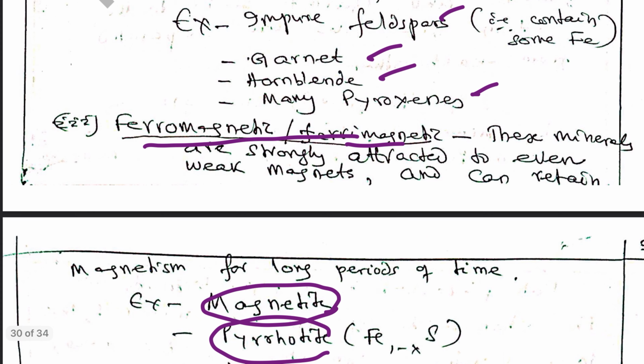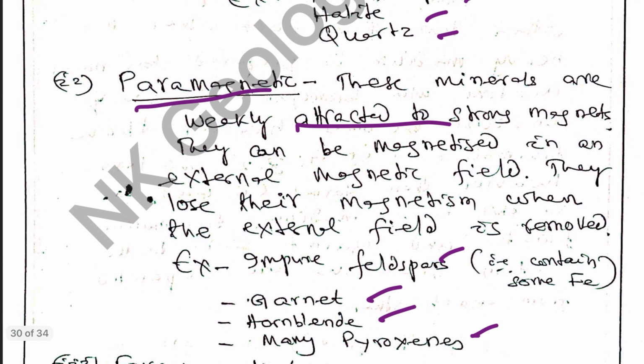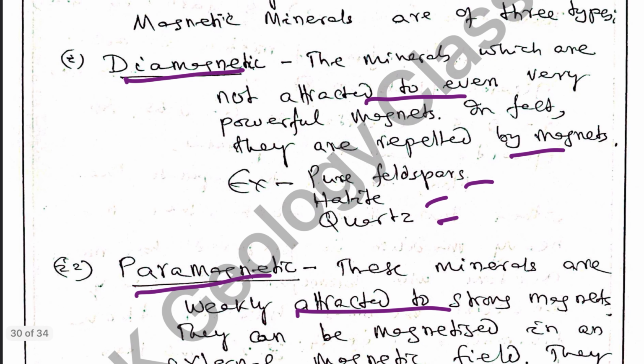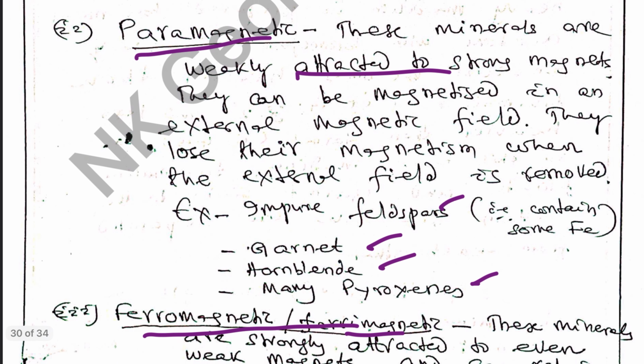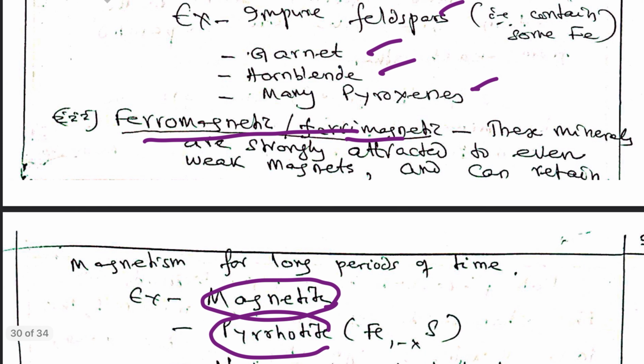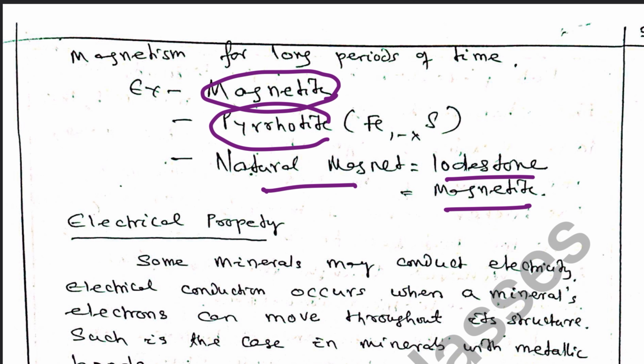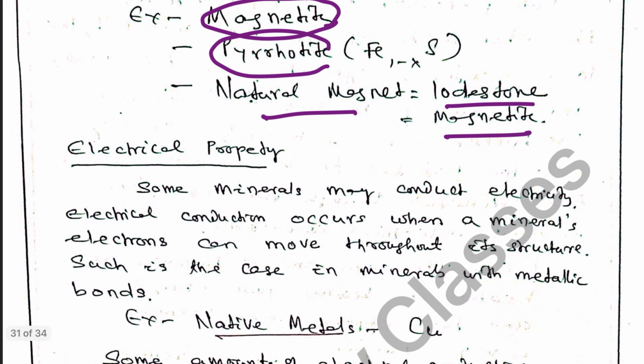So, on the basis of magnetism, we have three types of minerals: ferromagnetic, paramagnetic, and diamagnetic. Diamagnetic minerals are non-magnetic, paramagnetic minerals are feebly magnetic, and ferromagnetic minerals are highly magnetic. Highly magnetic minerals are magnetite, pyrrhotite, and lodestone.